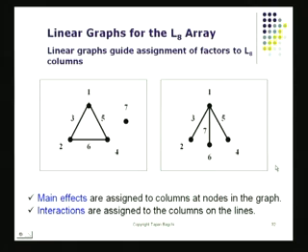Sometimes, of course, we've got something associated with each array, each OA, that is called the linear graph of that particular array. For example, look at the triangle on the left. It is showing columns. It has certain nodes and certain branches.